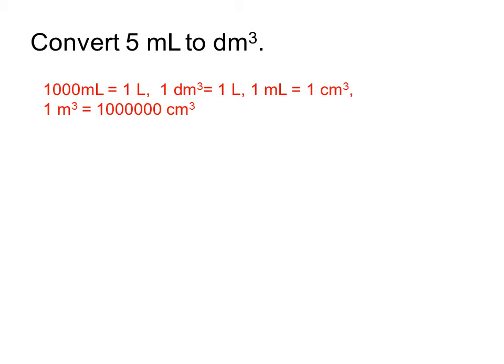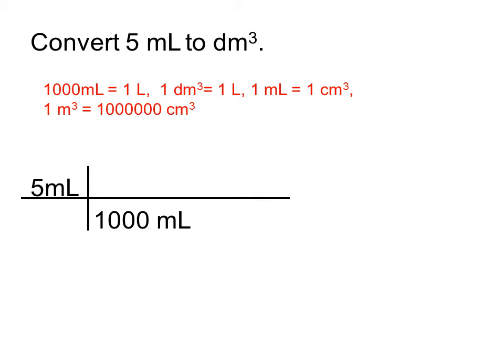So you can cancel it in one stroke. Okay, let's see, milliliters and decimeters. This is going to be a tough one. Let's just let our units guide us on this one and see where we go. So I start with 5 milliliters. I know I've got to put milliliters on the bottom. I decided to put 1,000 milliliters on the bottom first.